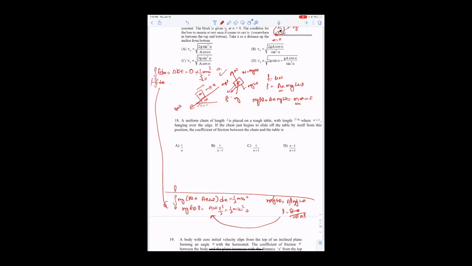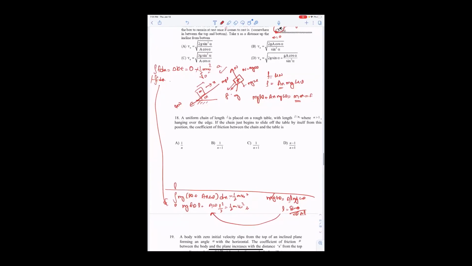It's asking v square now. So numerator may be cos, and here L square, sorry, sin square by cos square. One cos, sin square by cos. m gets cancelled. 2 comes here. 2g sin alpha.